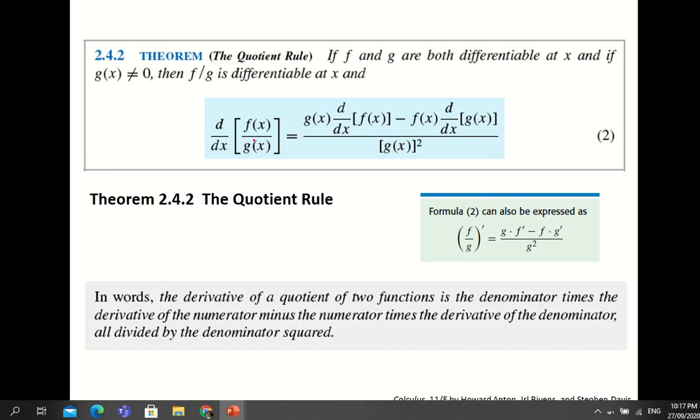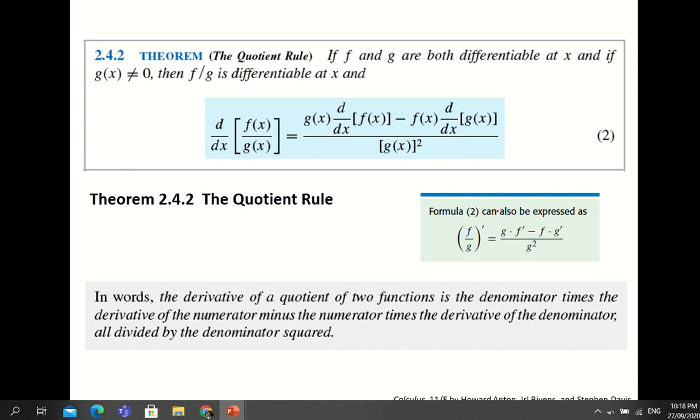And the derivative of the rational function, or the ratio of the two functions f of x and g of x with respect to x, is equal to g of x times the derivative of f of x with respect to x minus f of x times the derivative of g of x with respect to x, divided by the square of g of x. It can be expressed as the derivative of f divided by g equal to g times f prime minus f times g prime over g squared.